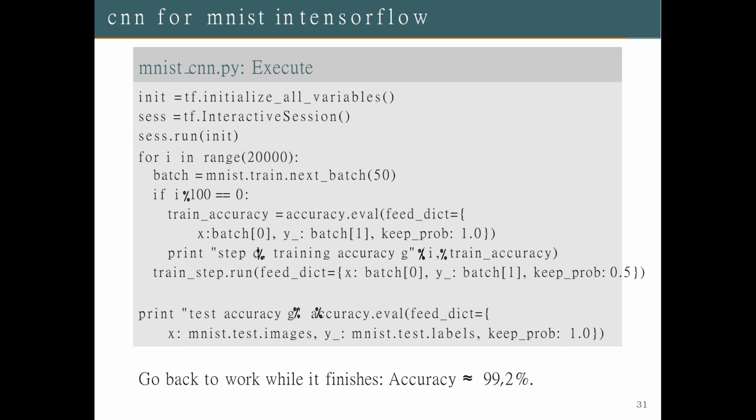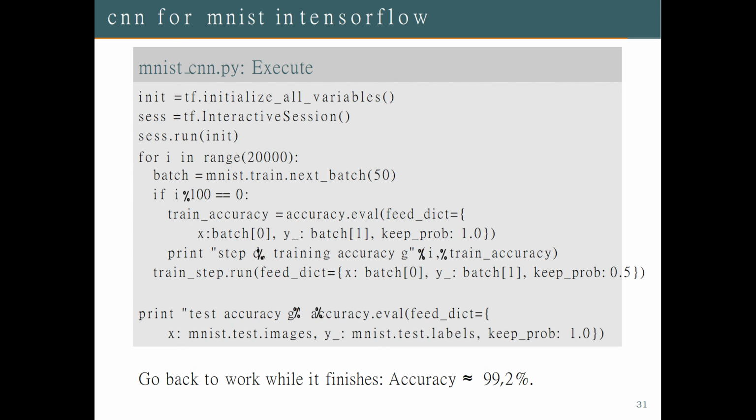We will use this code: init is equal to tf.initialize_all_variables, sess equal to tf.InteractiveSession, sess.run, for i in range 20,000. As I have told, it can be 1,000, 5,000, 10,000, depending on how many training epochs we are using. Then batch is equal to mnist.train.next_batch 50.